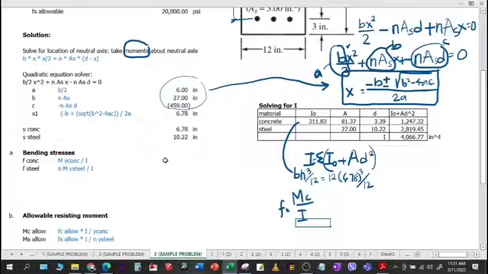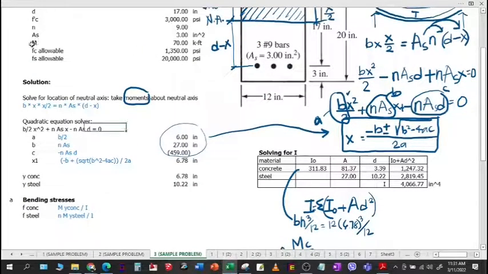Okay, so to solve that, simply substitute the moment value, which is 70, but first convert it to inches and pounds. Okay, so to convert it to pounds, multiply it by 1000, and to convert it to inches, multiply it by 12. So multiply 70 by 12,000.